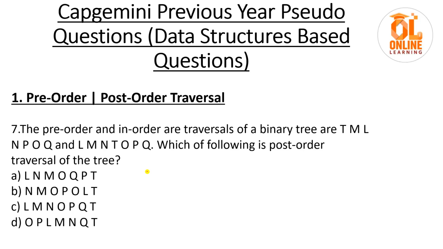Pre-order and in-order traversals of a binary tree are given. Which of the following is a post-order traversal? Based on the pre-order and in-order, we need to construct a tree, and to that tree we need to find the post-order.